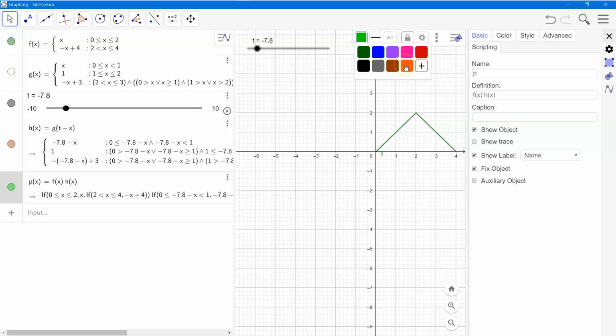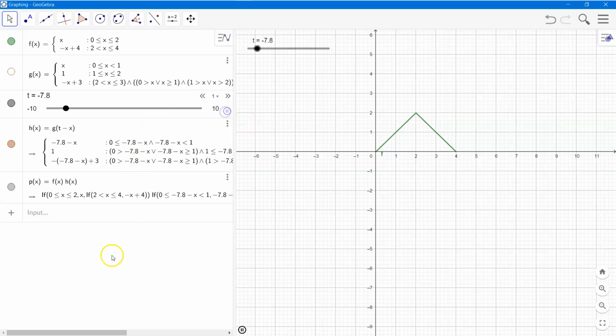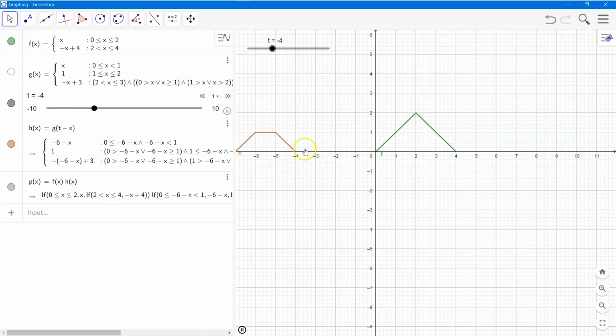So let us say, okay, this one. And now let's start it. Okay, now it will come. It's coming. Now let's see what happens. Yes, see?